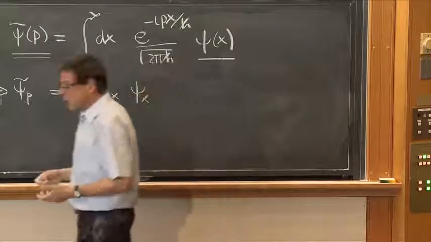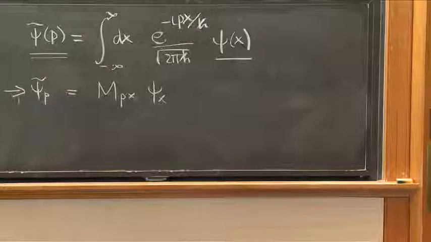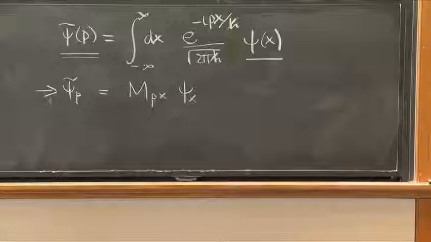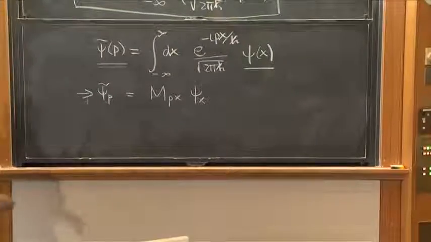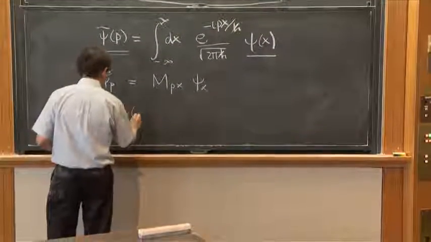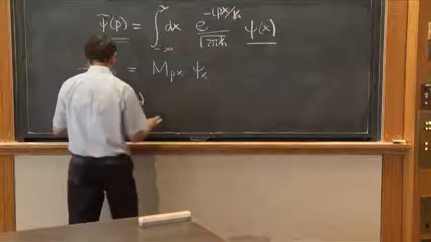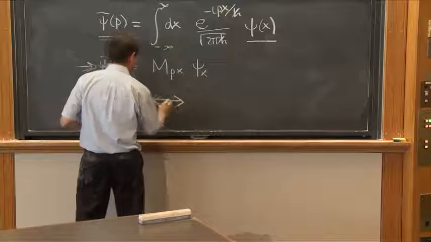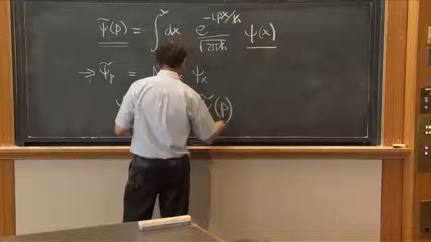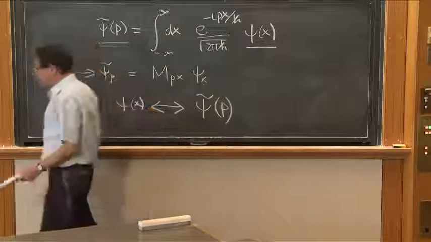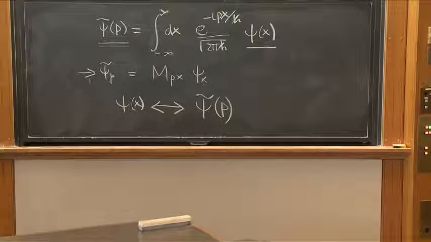And we shouldn't be uncomfortable about it. That's all fine. So we say that we have, for example, psi of x as one representation of the state, and psi tilde of p as another representation of the same physics.